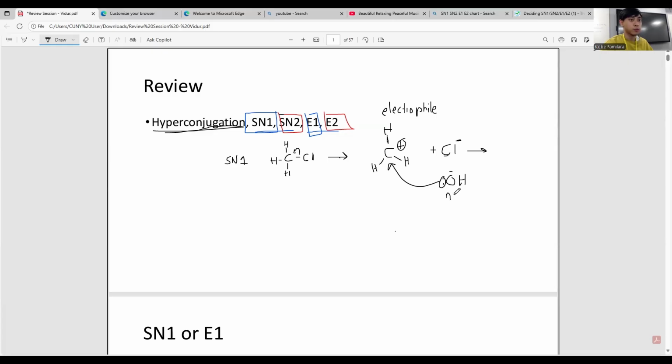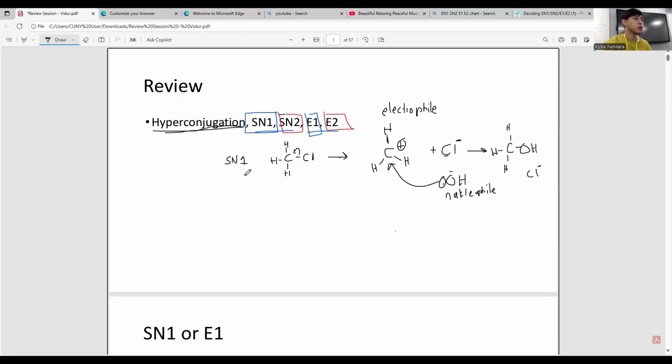And this is a nucleophile because it wants something that's positively charged. Our final products will be this methanol, and then we still have this chloride ion just floating around.